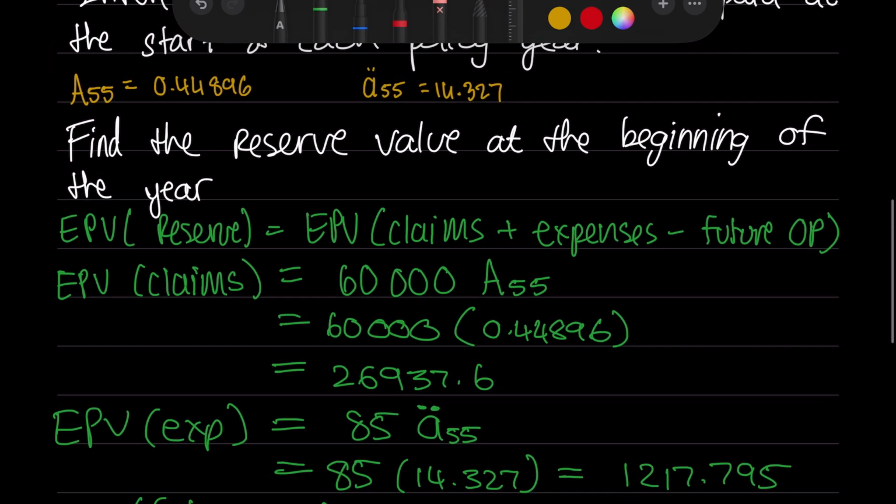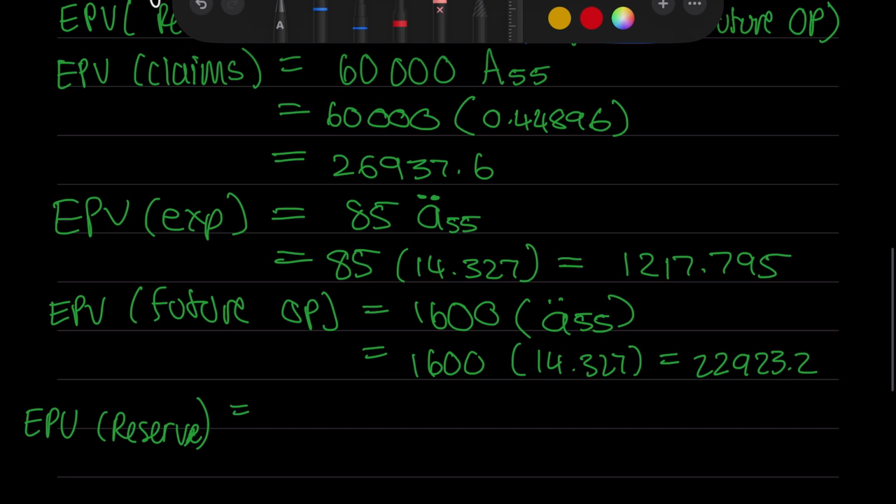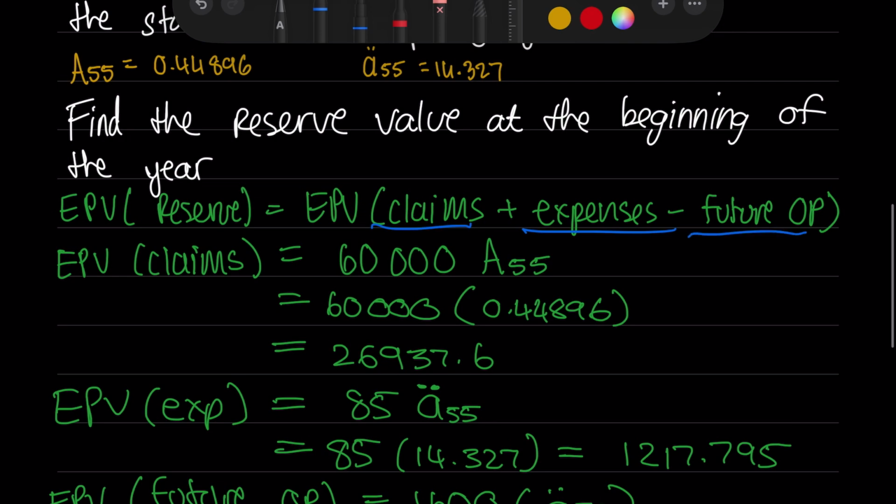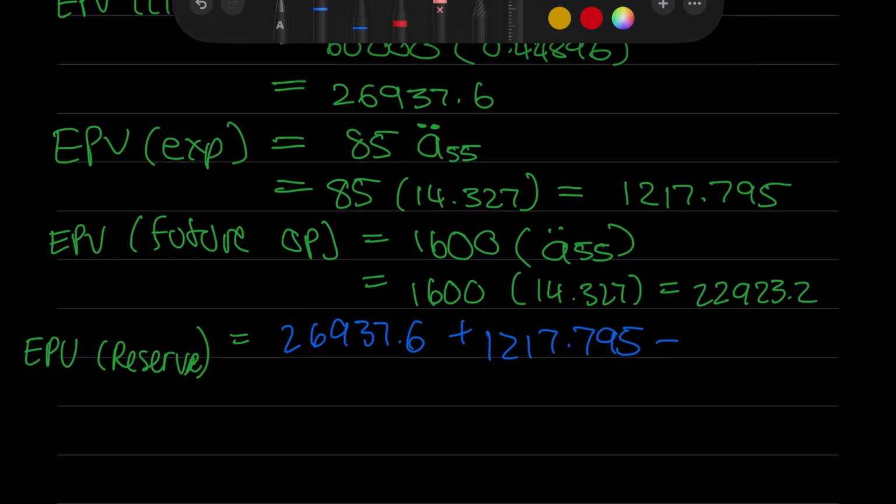It is going to be equal to claims plus expenses. So the value of claims is 26937.6, plus expenses, which was 1217.795, minus future office premiums that we're expecting to receive, 22,923.2, which gives us an answer of 5232.195.